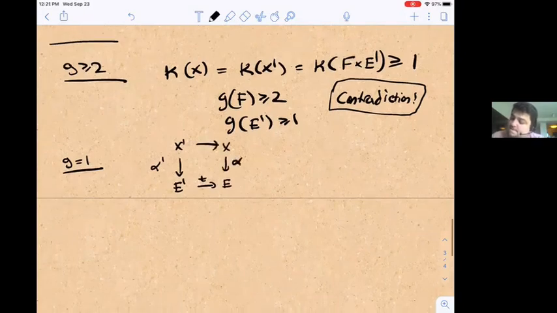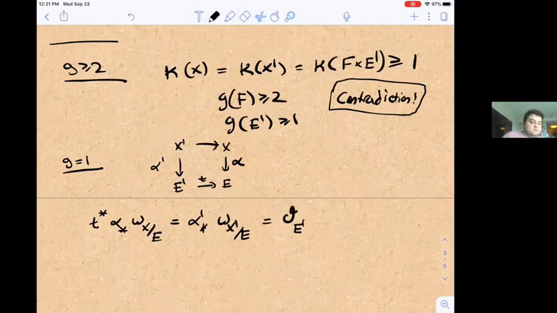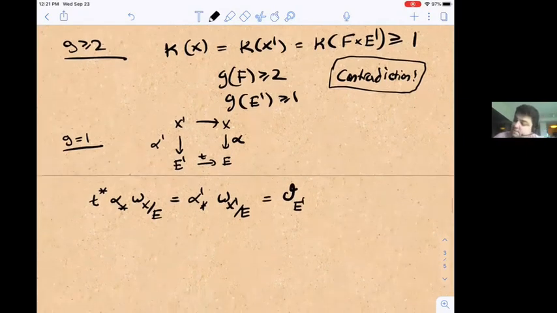And now we know that T upper star, alpha lower star, omega X over E is alpha prime lower star, omega X prime over E, but is trivial by this isotriviality. And now we can push forward.